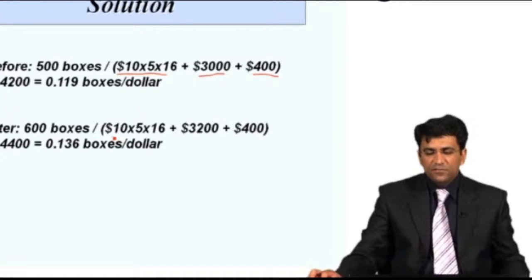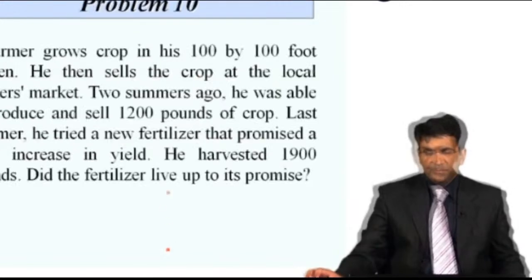The labor cost will remain the same. Only the capital costs will increase in this case, to $3,200. The energy cost will remain the same. So if you divide 600 by this sum, it will be equal to 0.136 boxes per dollar. So this is our new productivity.